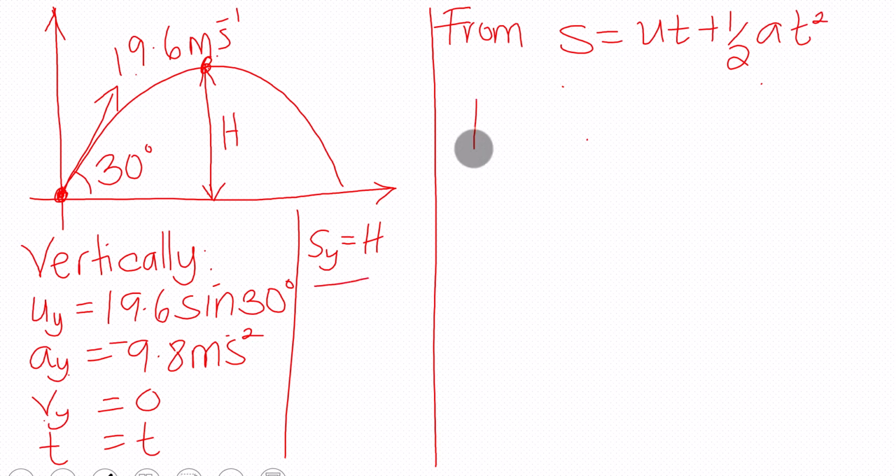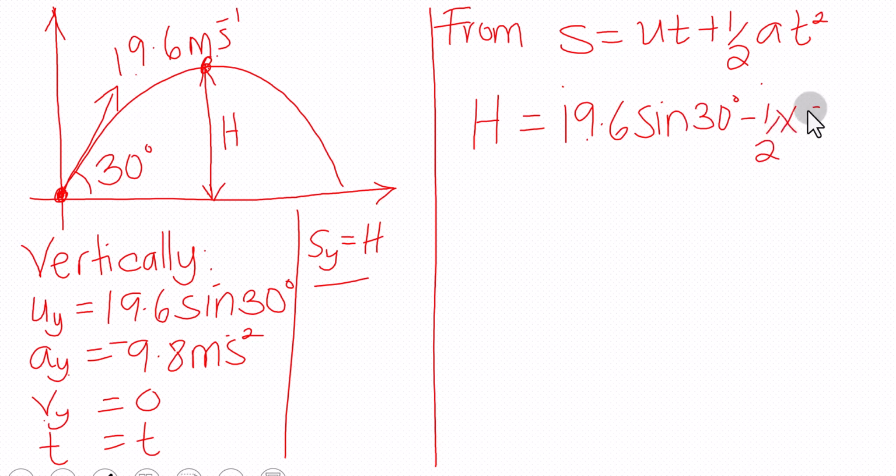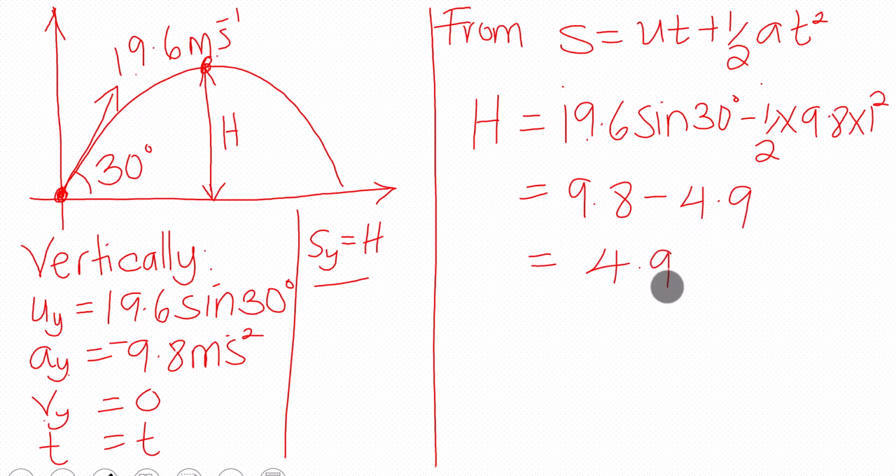We know that our s is h, and it's what we are looking for, and then our u is 19.6 sine of 30 degrees, minus a half times 9.8 times 1 squared. So here 19.6 times a half gives you 9.8, minus 9.8 divided by 2, which is 4.9, will give us 4.9 meters. So this is our maximum height.